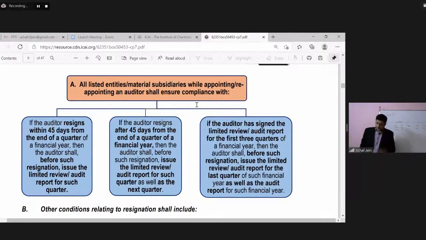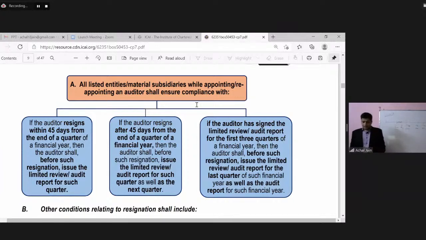Correct? He would have issued the report for this quarter. But he shall also issue the report for the next quarter. So that means for the next quarter, he will have to issue the report. His resignation will be accepted provided that he also reports on the next quarter.